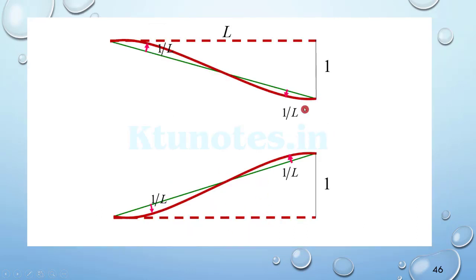This is found like this: there are two support points A and B, and once one of the supports is settled, the corresponding rotation will be 1 by L for both sides.